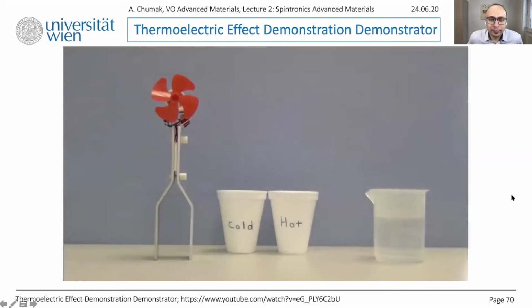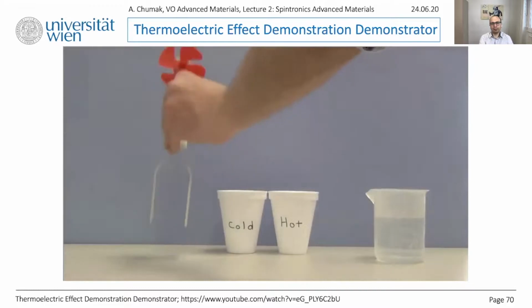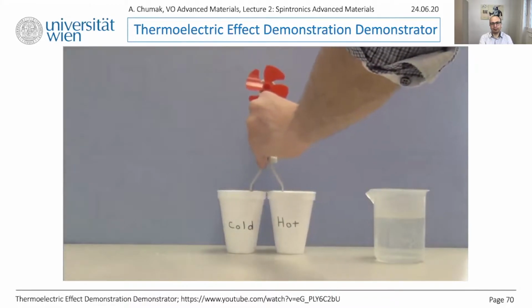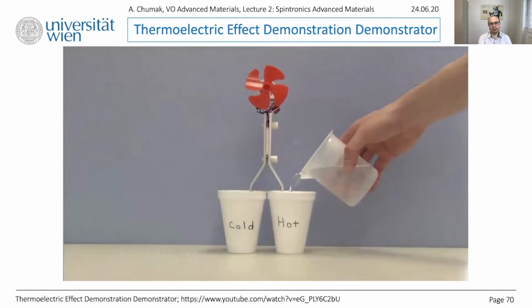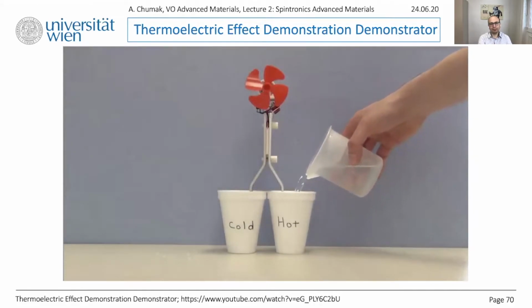Here we will demonstrate the Seebeck effect by using a thermoelectric effect demonstrator and 2 cups. As you can see, one is labeled cold and the other is hot. The cold cup already has water inside. After we place the demonstrator inside the cups, we will pour in the hot water. Now both legs are immersed.